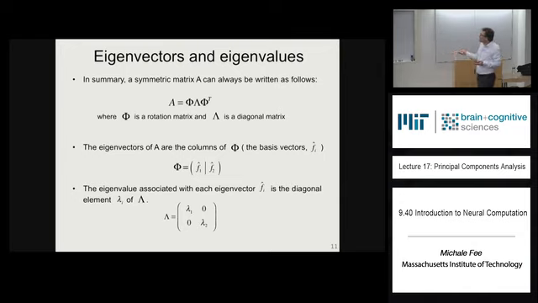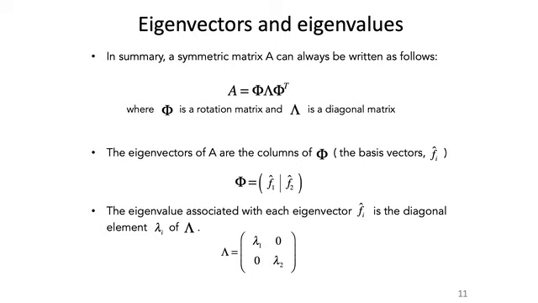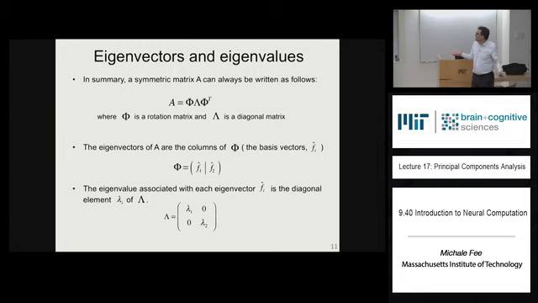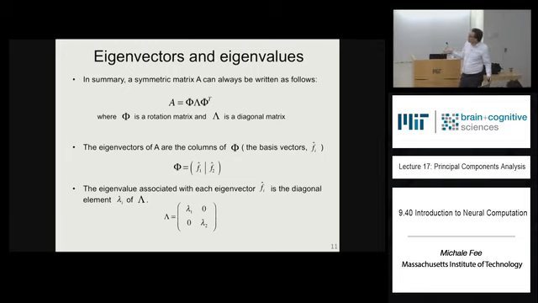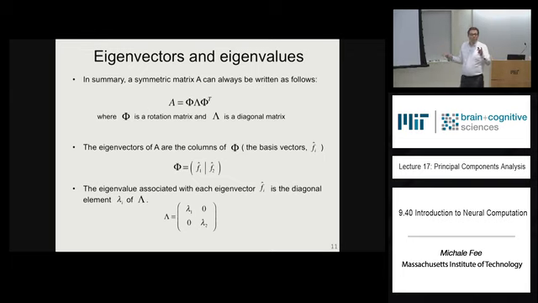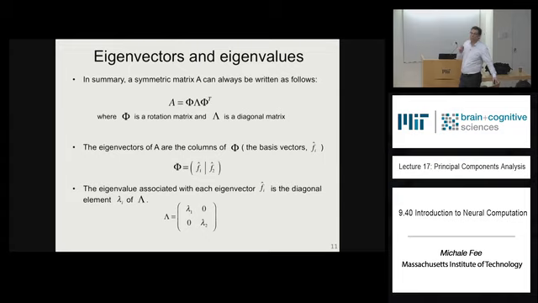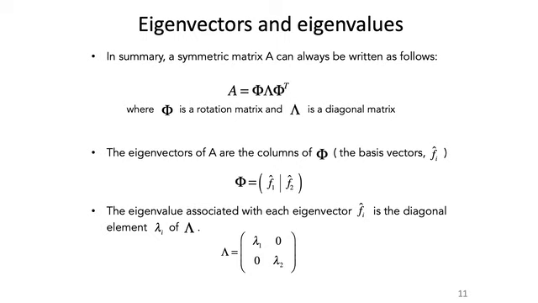And that set of basis vectors are the eigenvectors of any matrix that you construct like this. And the eigenvalues are just the diagonal elements of the lambda that you put in there. Okay? Any questions about that? For the most part, we're going to be working with matrices that are symmetric, that can be built like this.